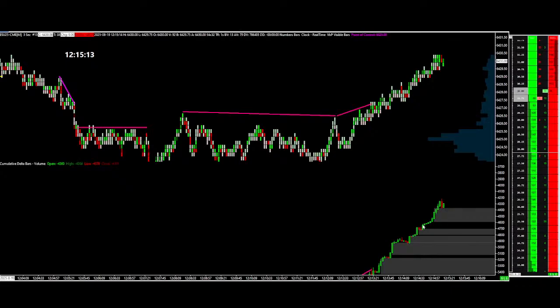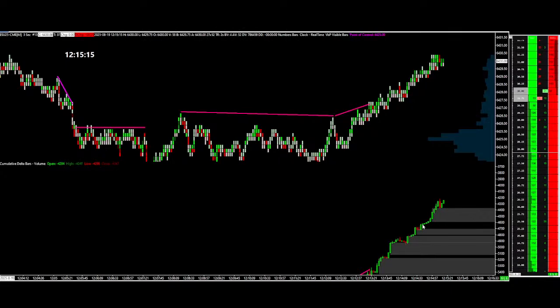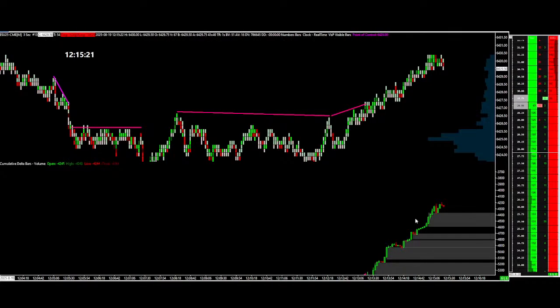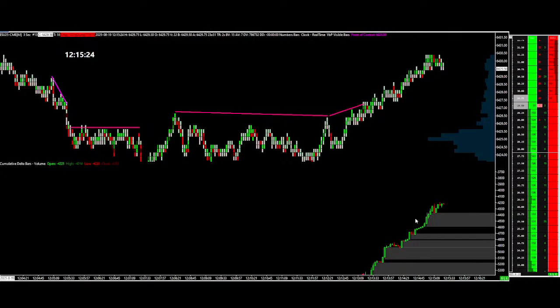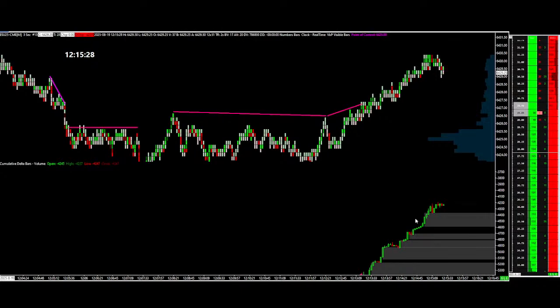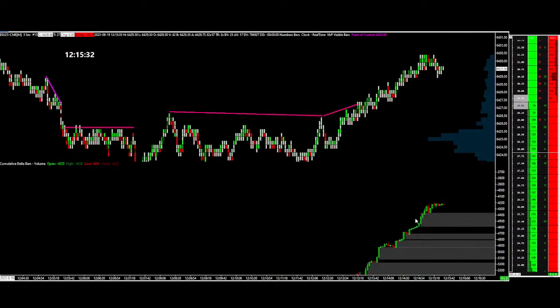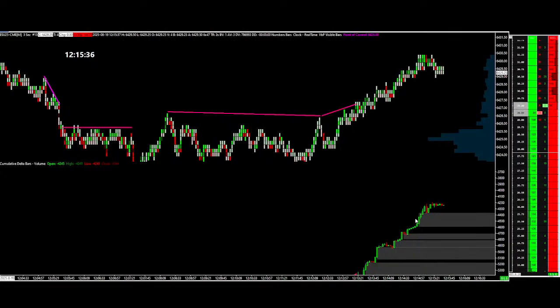I guess before you go, remember there's three main types of manipulation. Wash trading, which hides the true intention, the true market orders. So how do we remove the wash trading? The delta.